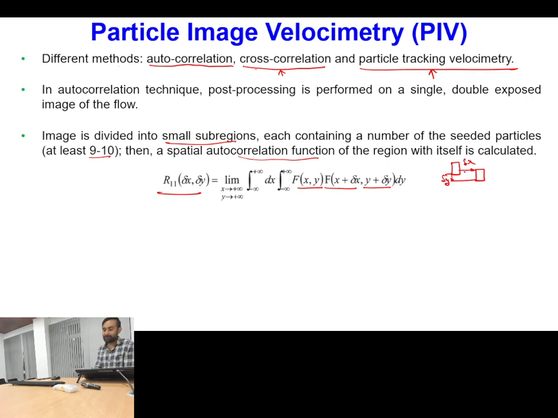For whichever values of delta x and delta y you get the highest value of the cross correlation function, you consider these delta x and delta y as the actual displacement of that particular subregion. Is this clear?